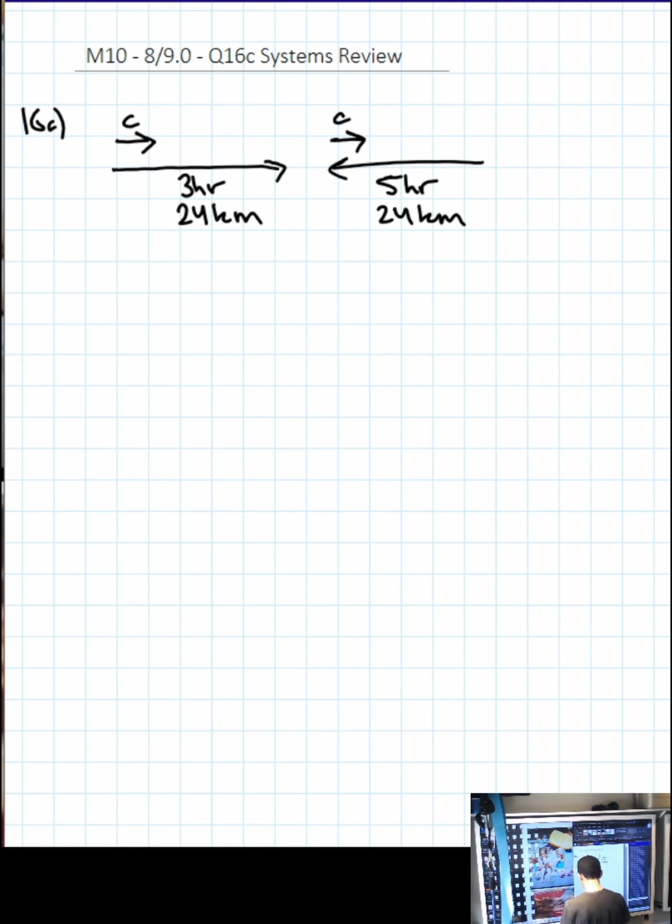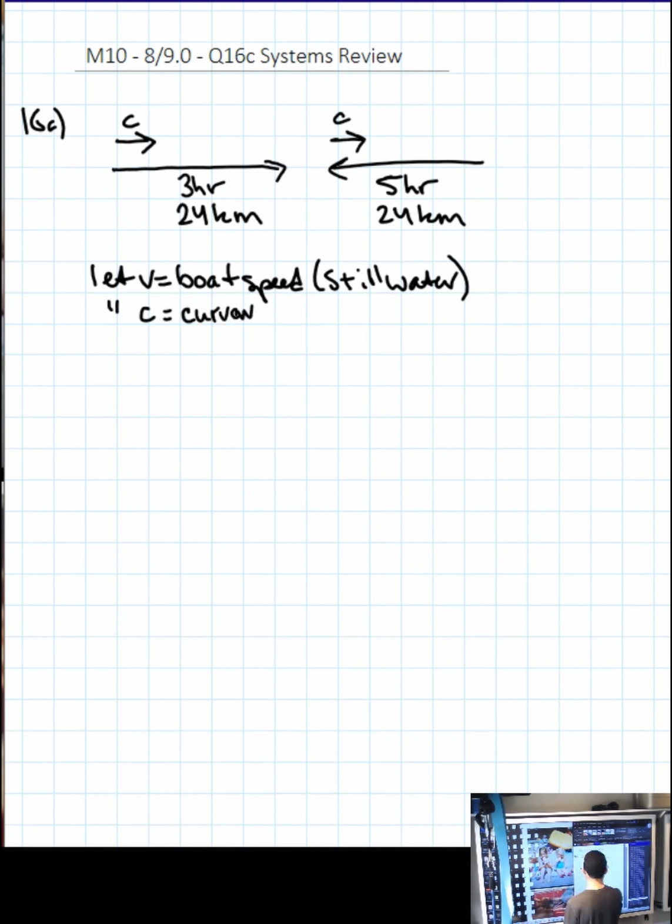So what is the speed of the boat in still water? So let V equal boat speed in still water. Let C equal current speed. Okay, so we know that S equals d over t. Again, S equals d over t.